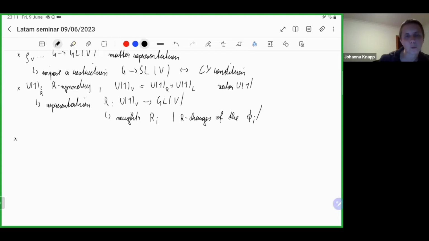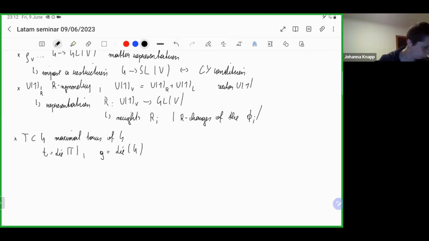So I want to be a little bit more specific on the definition of the gauge charges. Because I assume that G can also be non-abelian, I will choose a maximally commuting subgroup inside my gauge group. So the maximal number of U1 subgroups that we have in there, that's called the maximal torus of G. And you have the associated Lie algebras. And actually, if you're a mathematician and you want to understand what the gauge charge is, you really have to introduce all this formalism here.